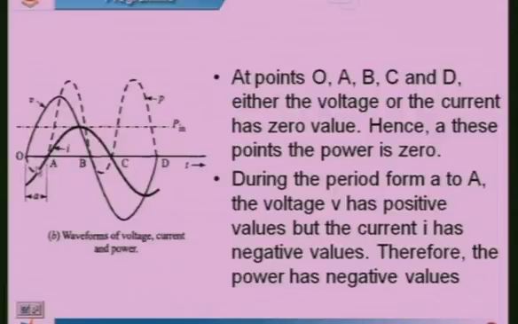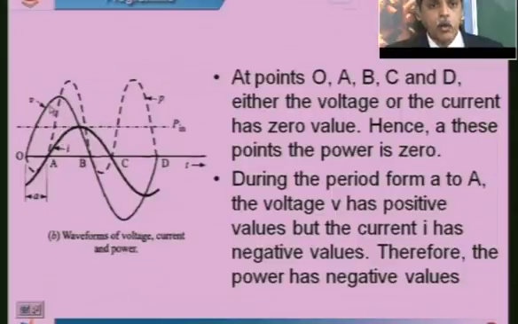So we have a small negative cycle here for the power. From A to B, both voltage and current are positive, the current is increasing from 0 to a positive peak, the product increases, and again at point B the voltage becomes 0, but current is positive. Since voltage is 0, I am getting the power as 0.